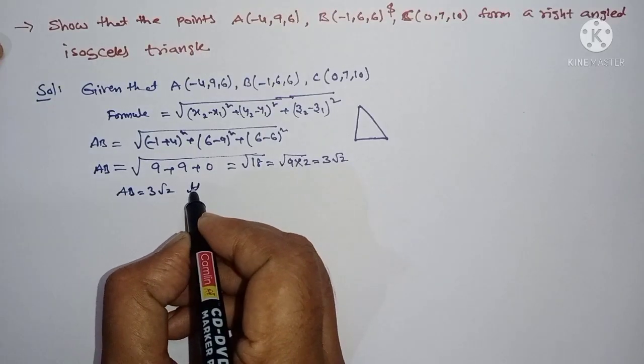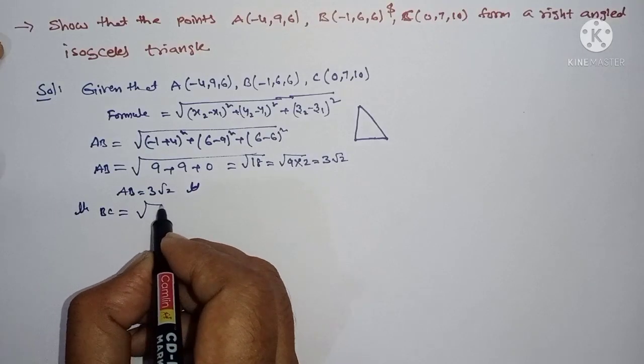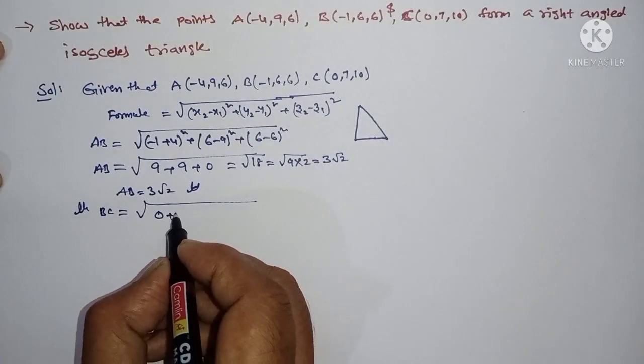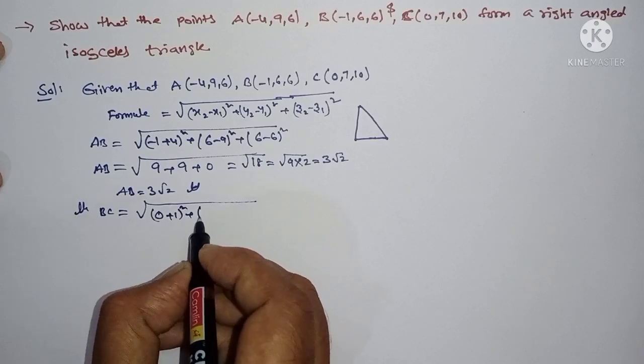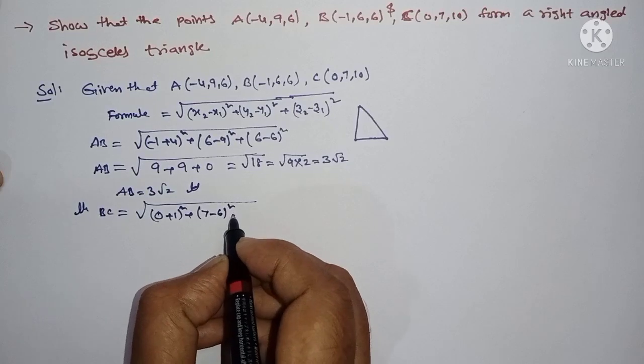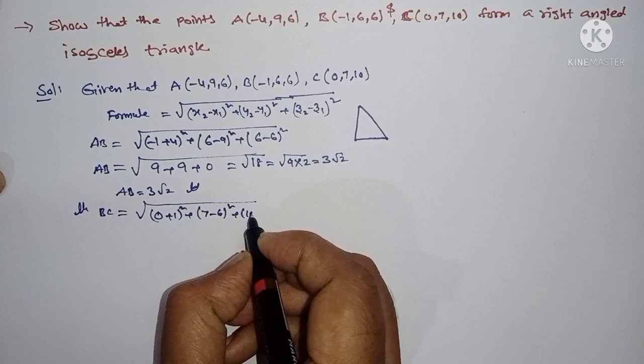Similarly you can find BC. BC is equal to 0 minus of minus 1 whole square plus 7 minus 6 whole square plus 10 minus 6 whole square.